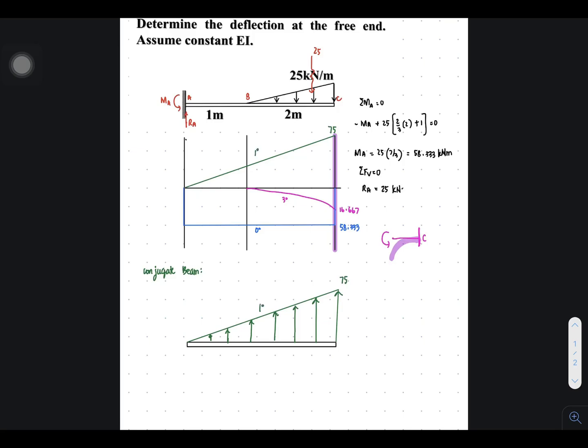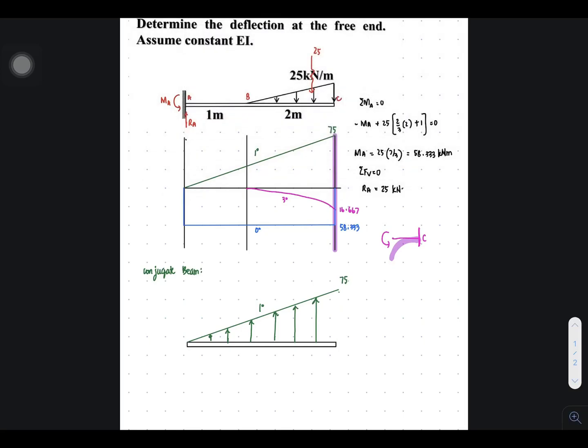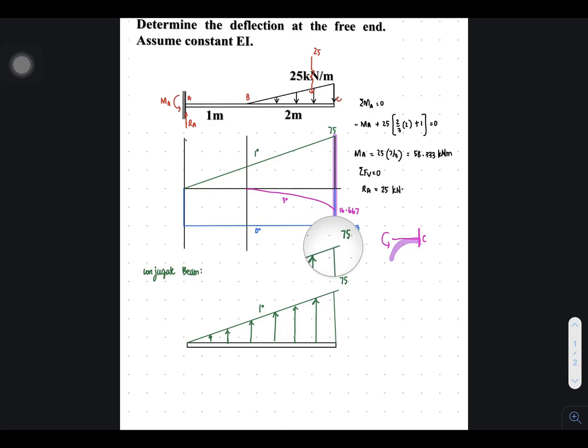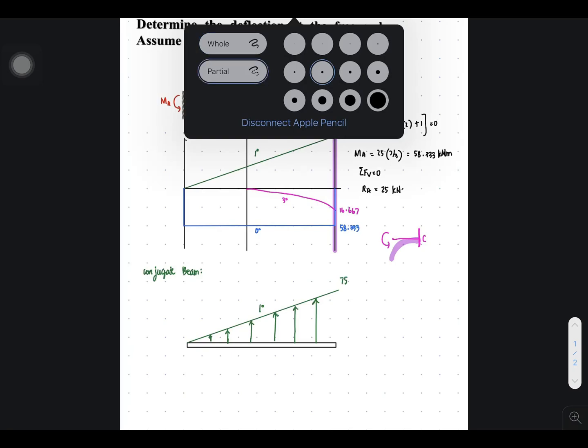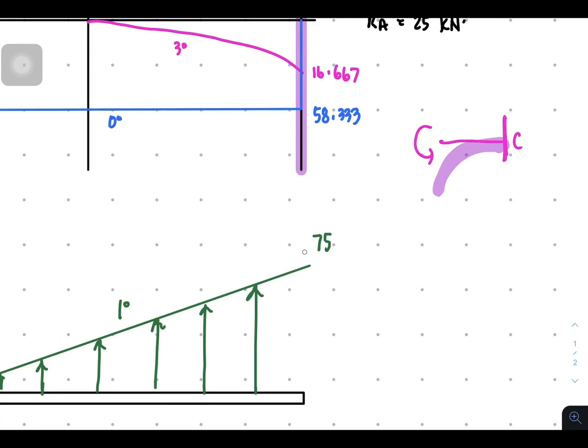By the way, this is first degree. Erase that. And then this one, partial.